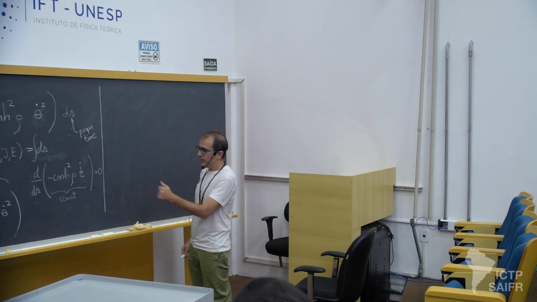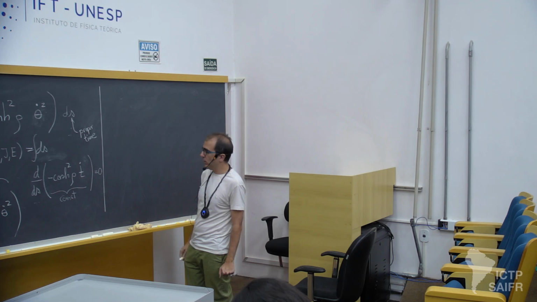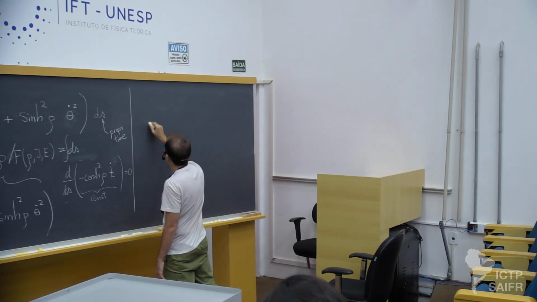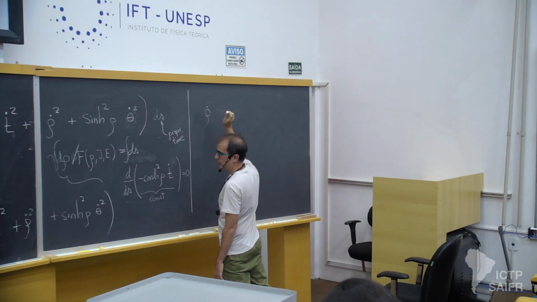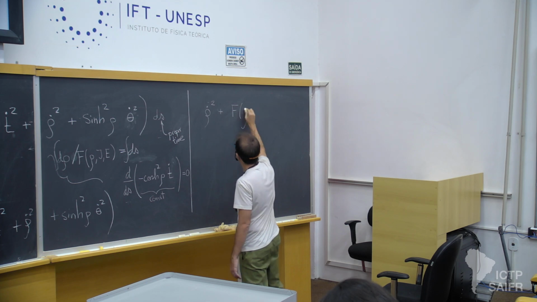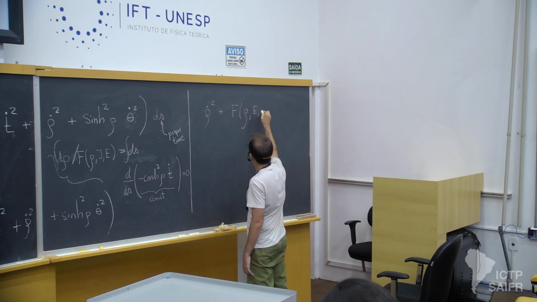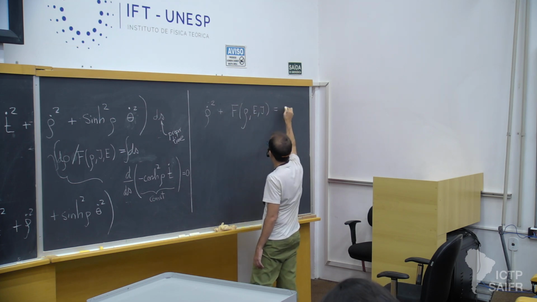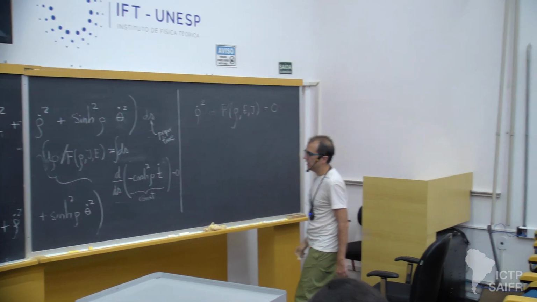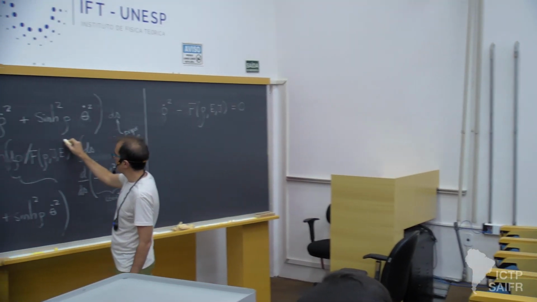So you see that you would get an equation of the form rho dot squared plus some function of rho, E and J equal to 0, or maybe minus. I use a notation here.